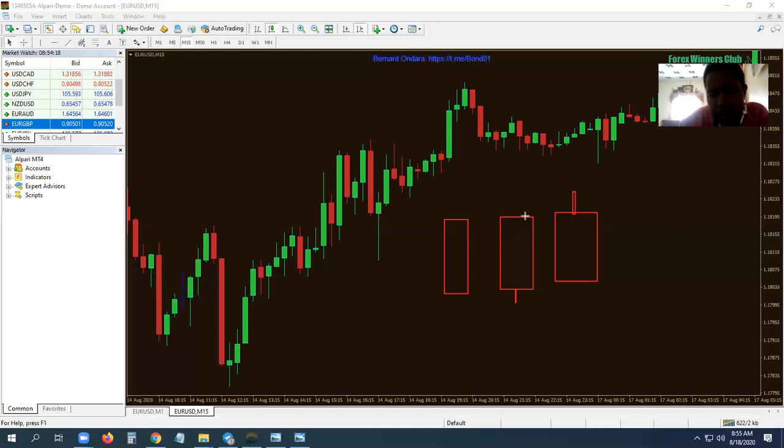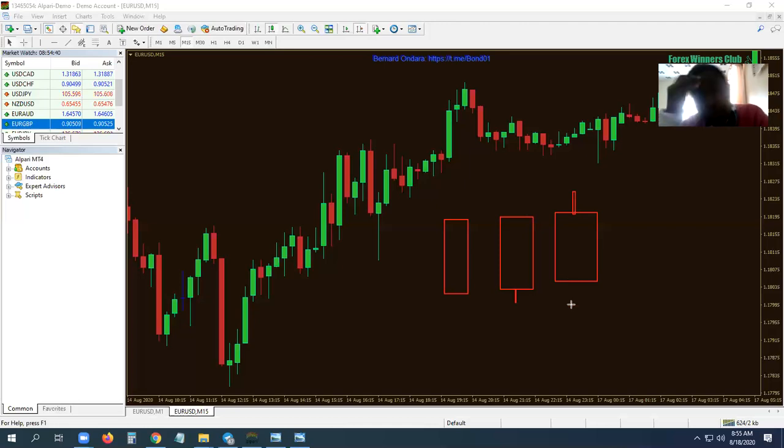It just opened and immediately went down. Never tried to make a high. So in this case, the open is the high. For this candle, the open is the high, the close is the low. For this one, there is a high, there is an open, and the close is also the low.